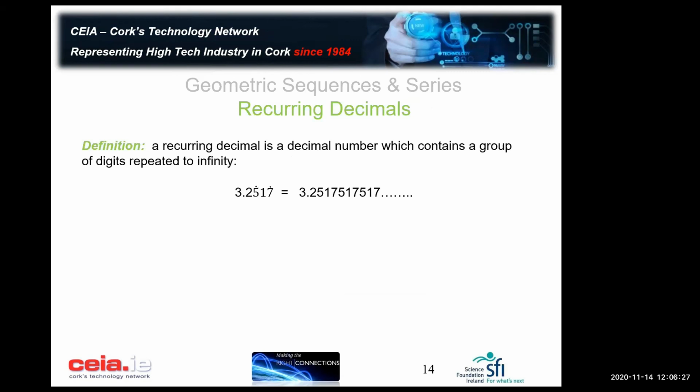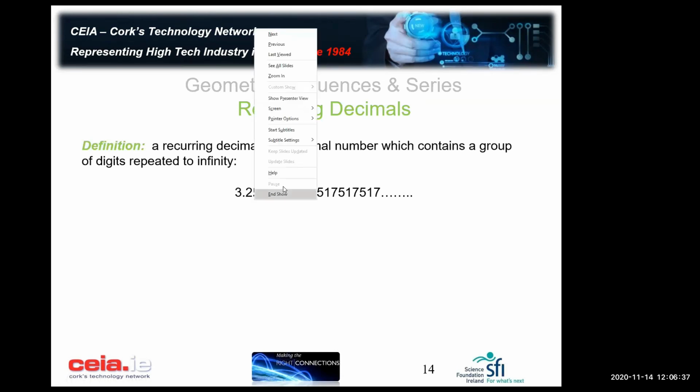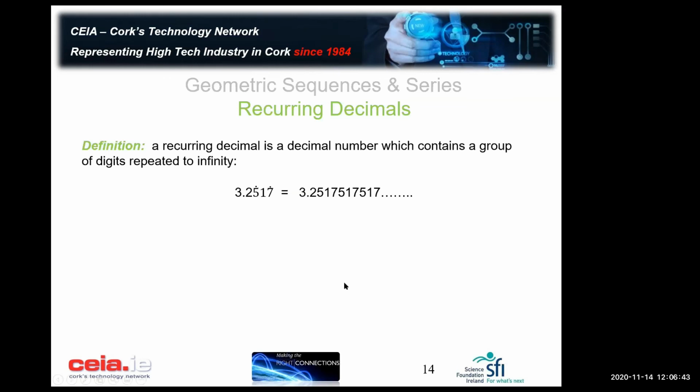So you have 3.2 517, 517, 517. Remember that the 517 is the part that's repeated. The 3.2 isn't.